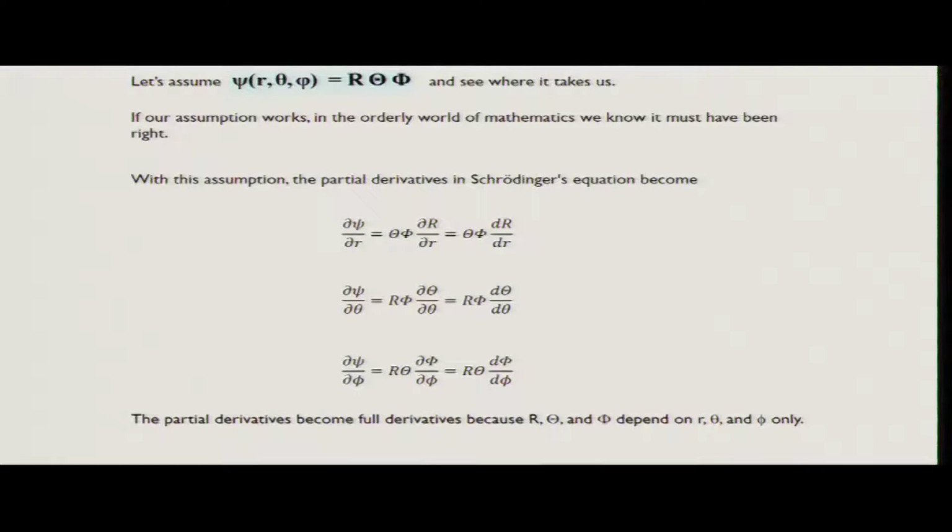If our assumption works, then in the orderly world of mathematics, we know that it will be right. So, we can rewrite the original expression in this form. With this assumption, the partial derivatives in the Schrodinger equation become full derivatives, because now each function depends on only one coordinate.